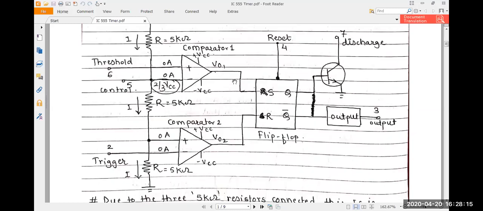So all these three resistors are connected in series because the same current flows through these three resistors.